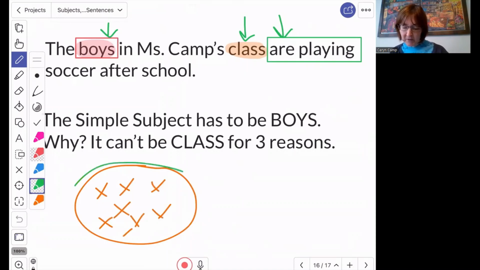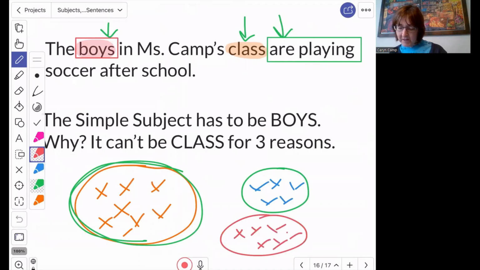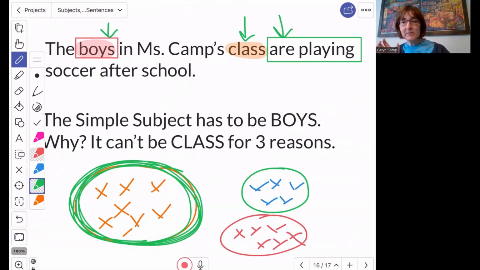We're talking about it being one group. Right? This is one class. This would be Miss Camp's class. And over here, we would have Mr. McLean's class. And over here, we would have Miss Mellis's class. Okay, so there's 3 classes. We're talking, when we use the word class, about a group. We're taking all those people and putting them into one circle and calling them one, it's going to be one thing.